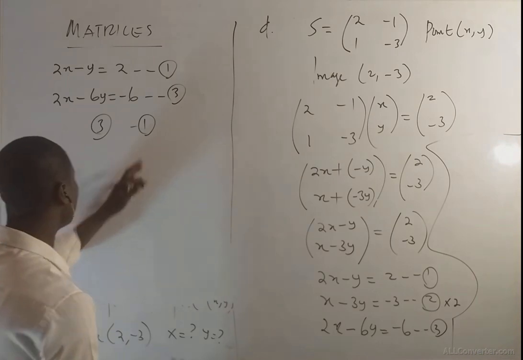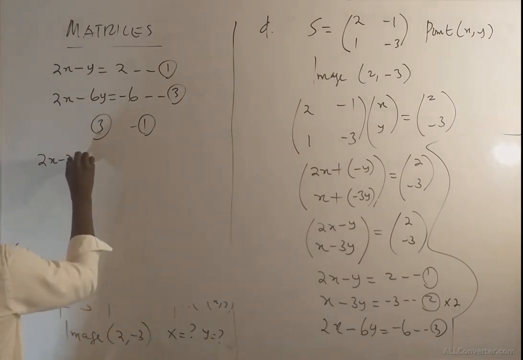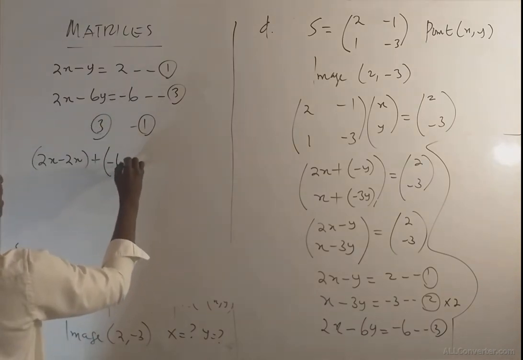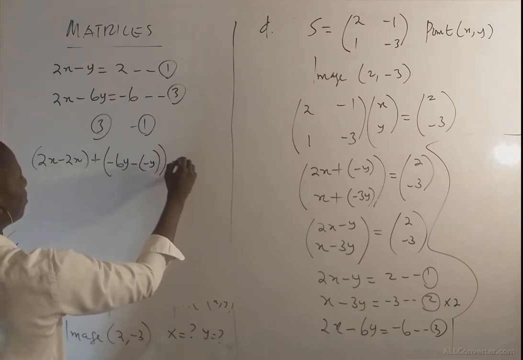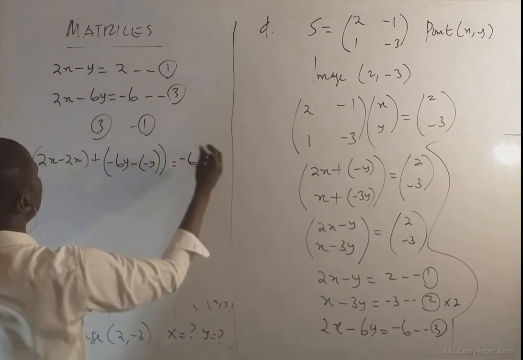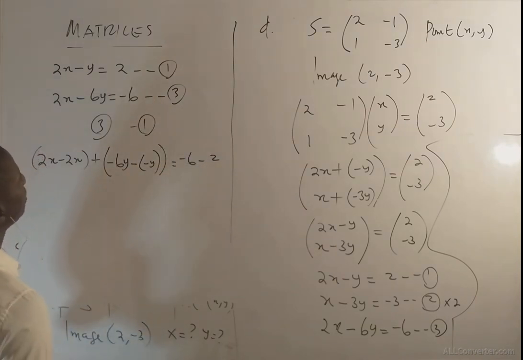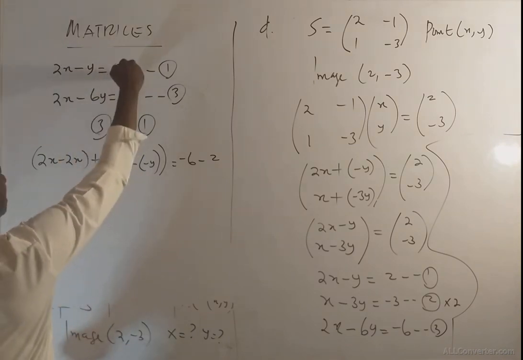That means we are taking 1 from 3. So we have 2x minus 2x, then plus, we have minus 6y minus, already this is minus y, equals minus 6 minus, then we have minus 2. So we are taking this from this, and this from this.